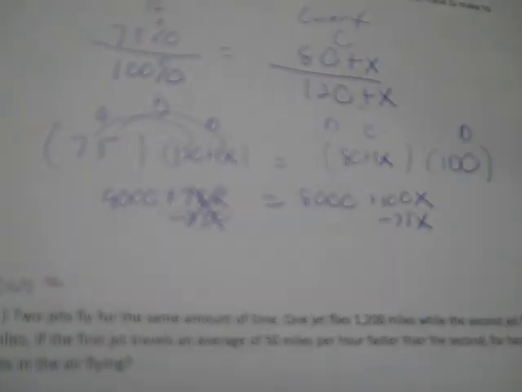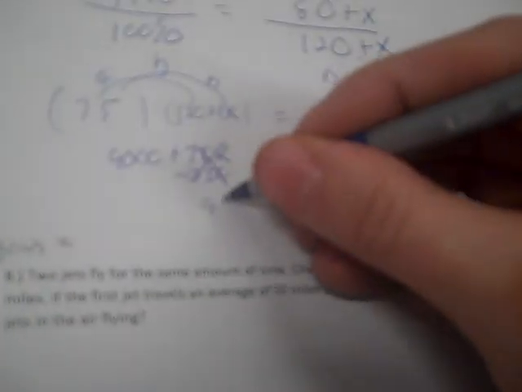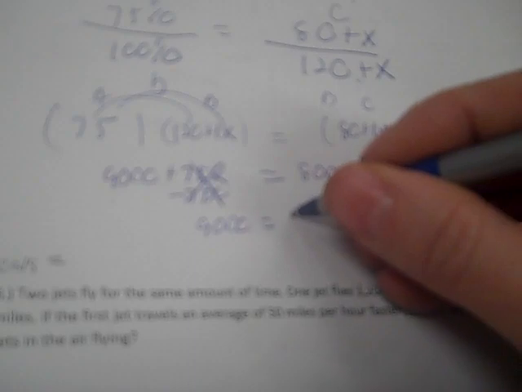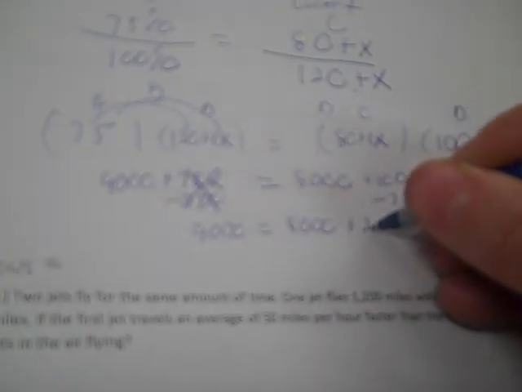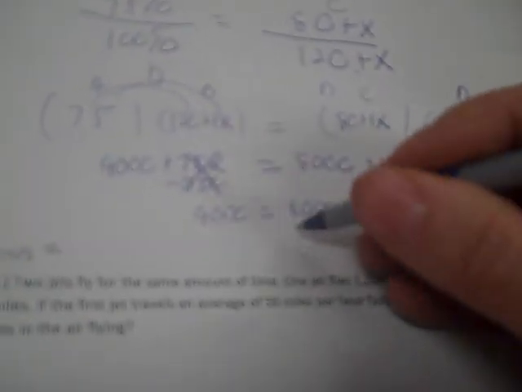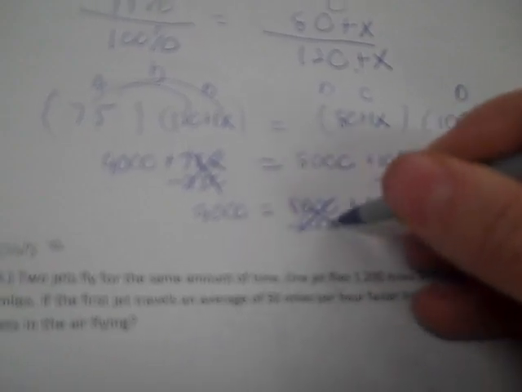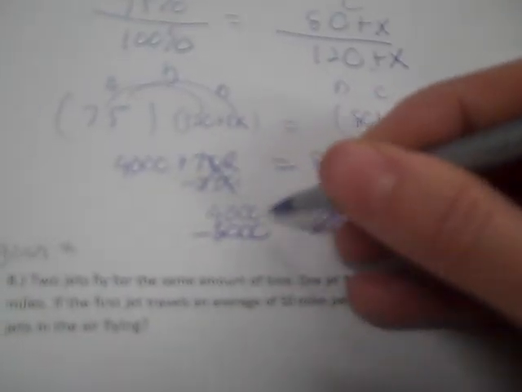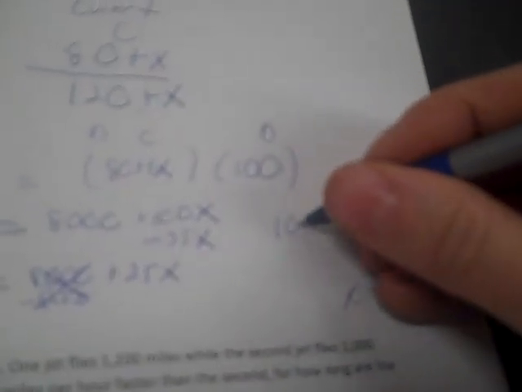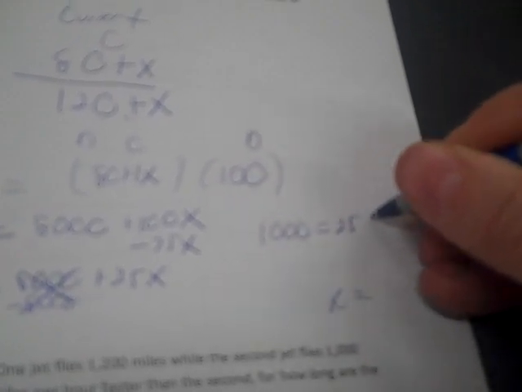You don't worry about clearing one side, just get the x's together. So 9,000 is equal to 8,000 plus 25x. Then I subtract the 8,000. That's 1,000. So 1,000 equals 25x.